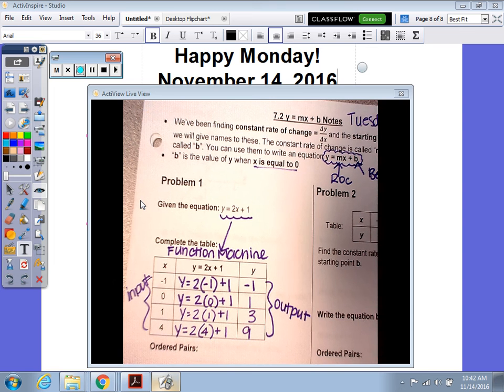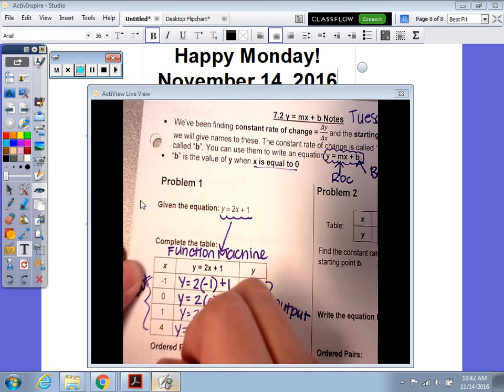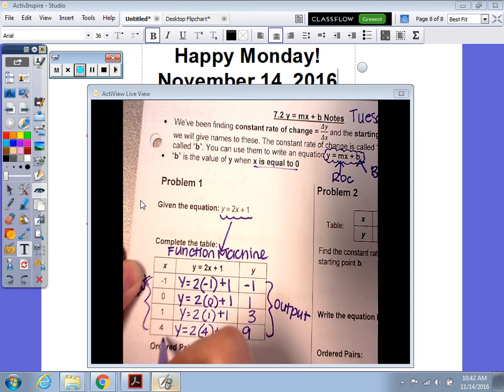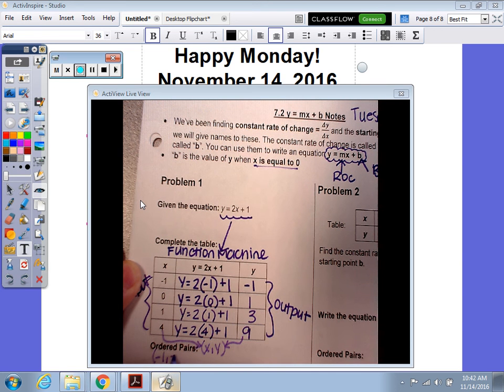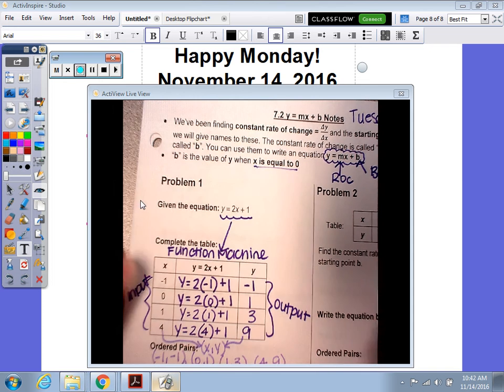Okay, what it wants you to then do is take your x and y values and write ordered pairs. So we have our x values here with our respective y values. So -1, -1, 0, 1, 1 and 3, 4 and 9. Those are our ordered pairs.